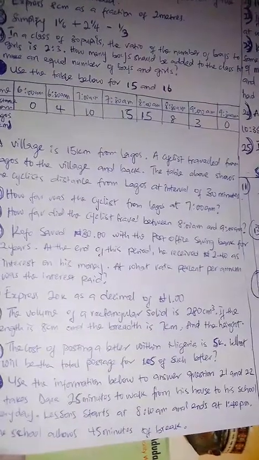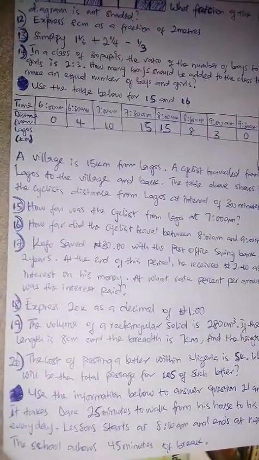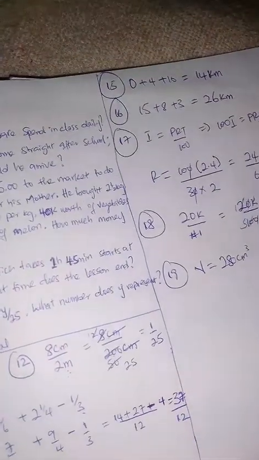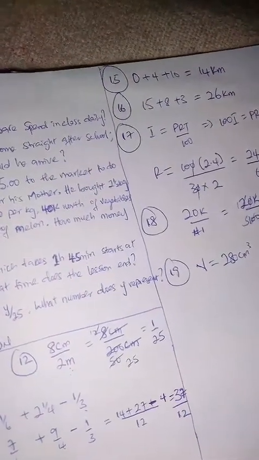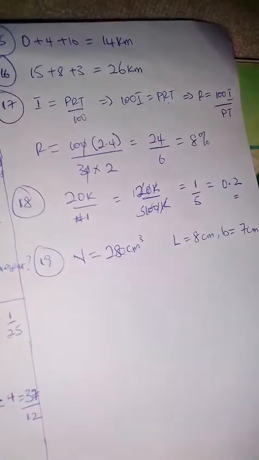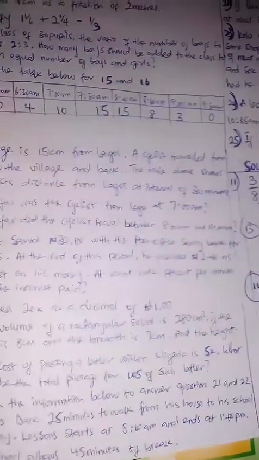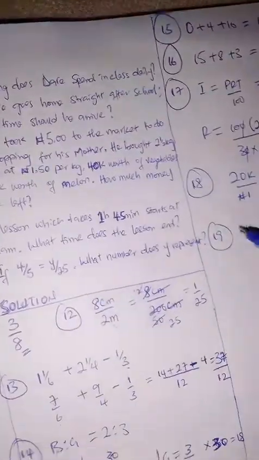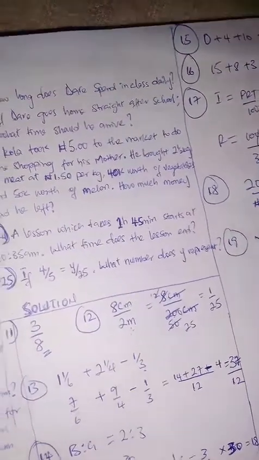Rectangular solid bar. If the length is 8 centimeter and the breadth is 7 centimeter, find the height. Now H is equal to question mark here.